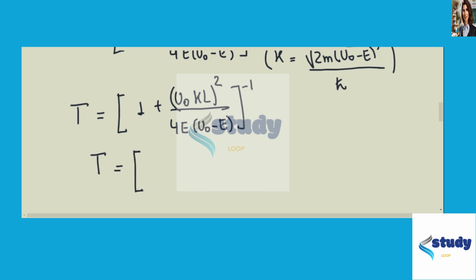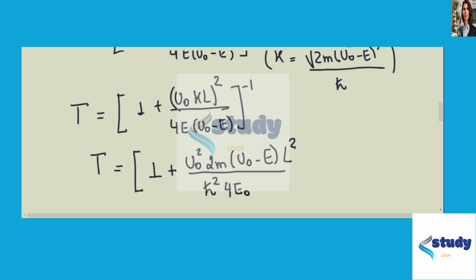So T is equal to 1 plus u0 squared times k squared, which is equal to 2m times u0 minus e divided by h bar squared, times L squared, divided by 4e times u0 minus e.